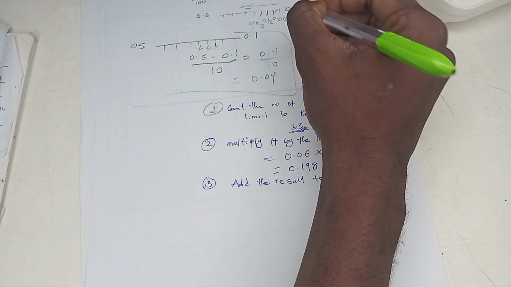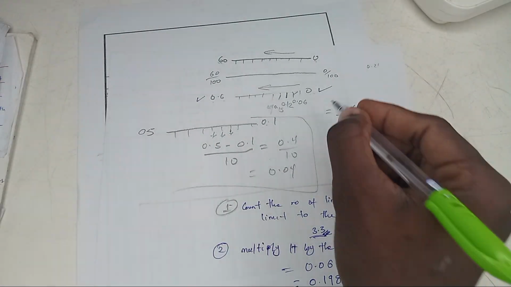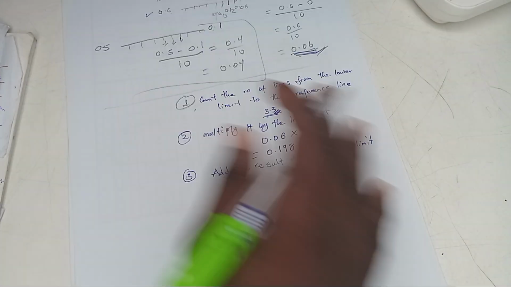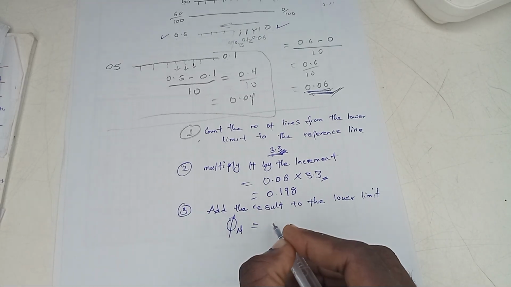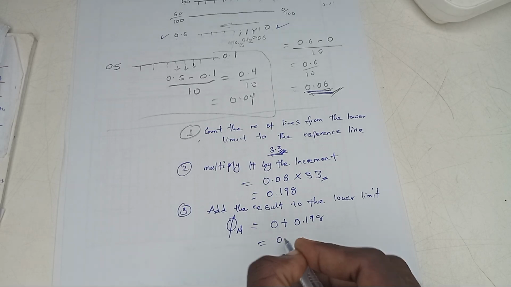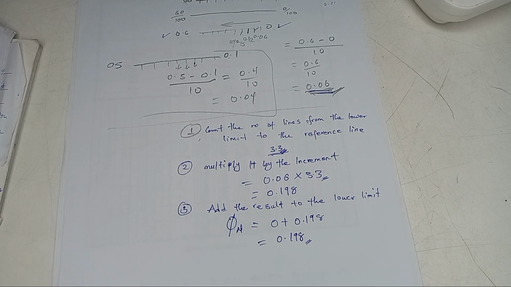This is my lower limit, 0, and this is my upper limit, 0.6. So I add it to my lower limit, and that's my neutron porosity. That's 0 plus 0.198, which is 0.198. Doing this, you are good and safe.